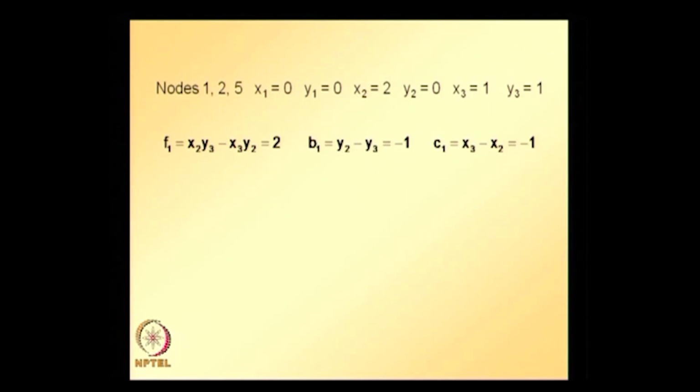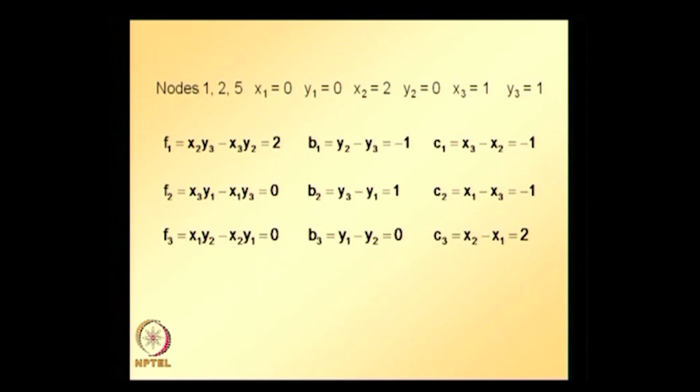So, we can calculate f1 b1 c1, similarly f2 b2 c2, f3 b3 c3, and finally we can calculate the shape function expressions using these coefficients f's, b's and c's, and we also require the area of triangle A and the length of side 1 2. All that information can also be computed once we know these nodal coordinates.